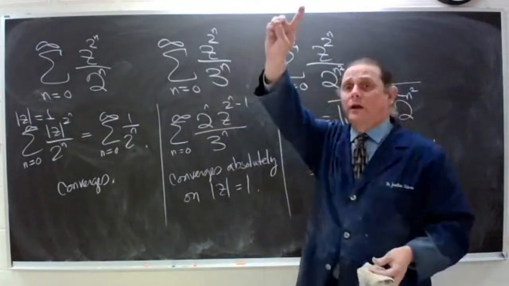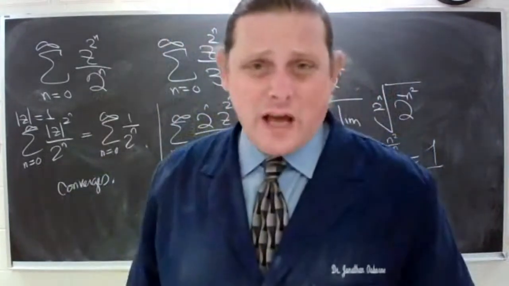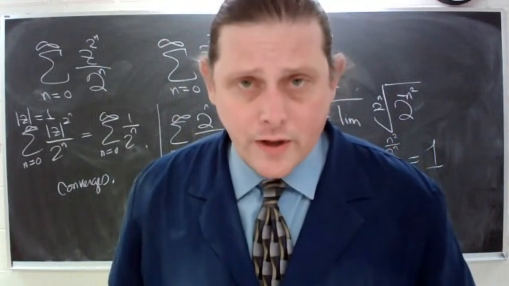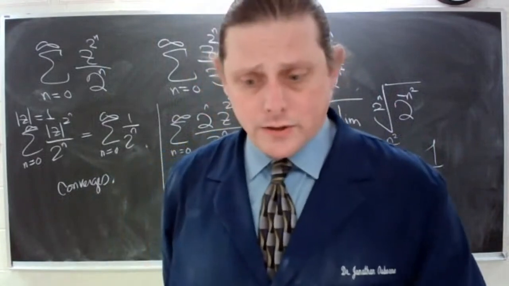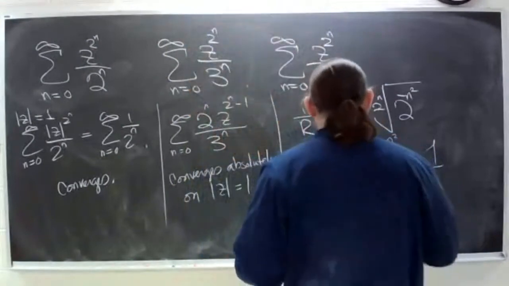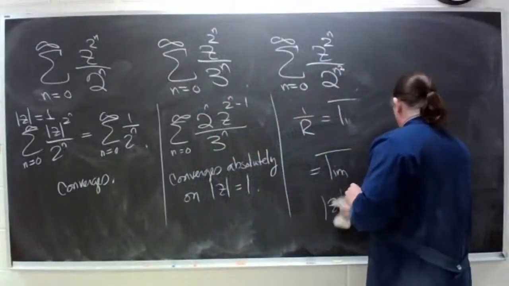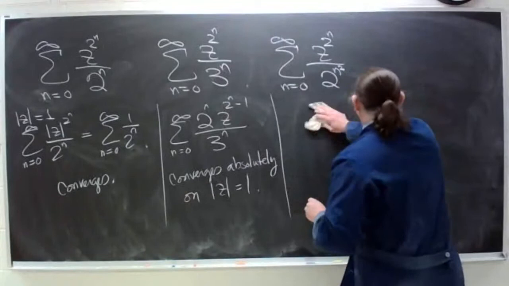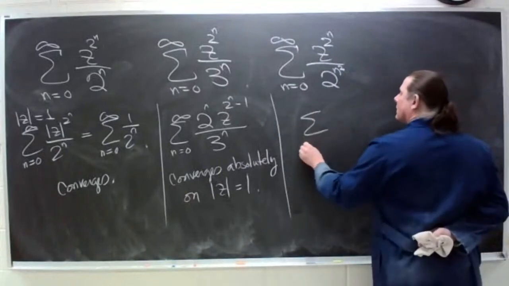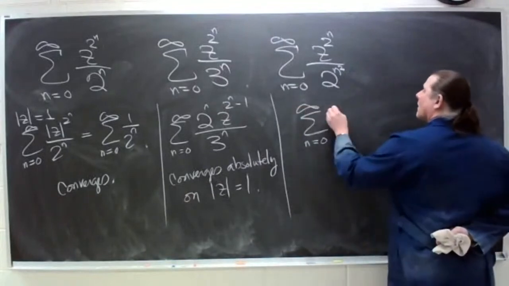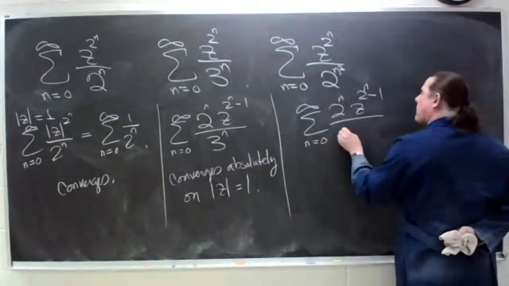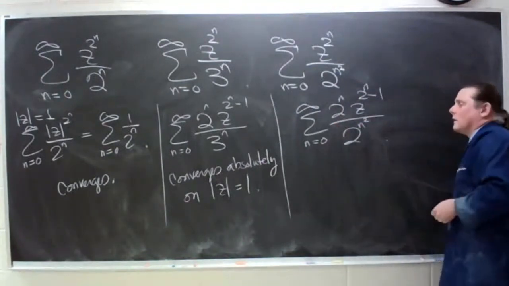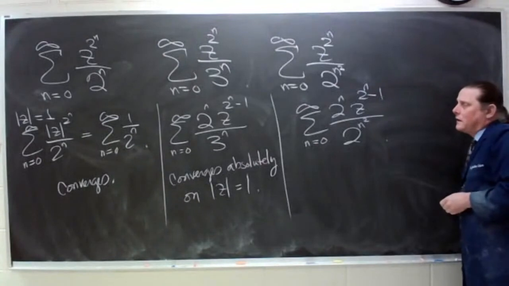If I take a second derivative, though, then I'll get like 4 to the n over 3 to the n, and I'll get an absolutely divergent series. All right? But how about this one? If I take its derivative, I get that.